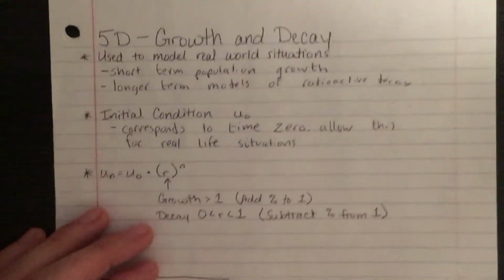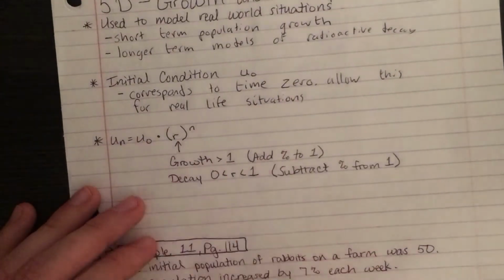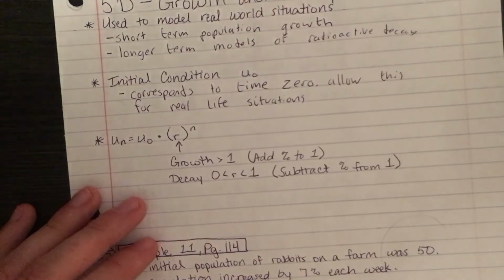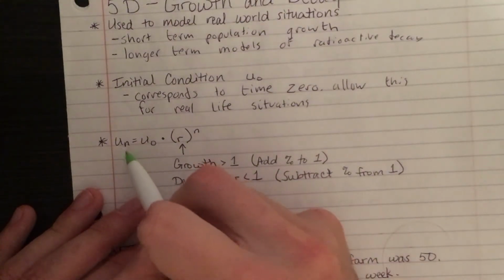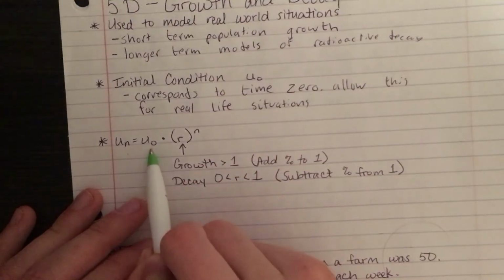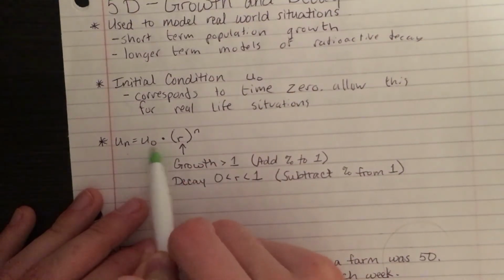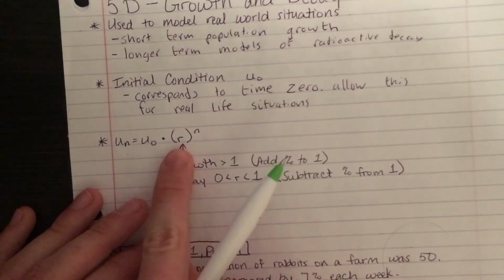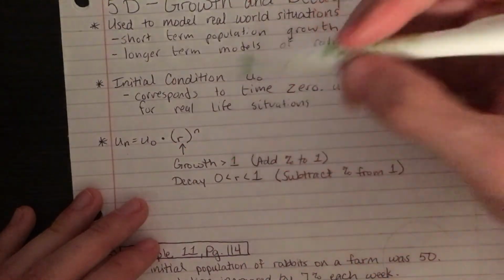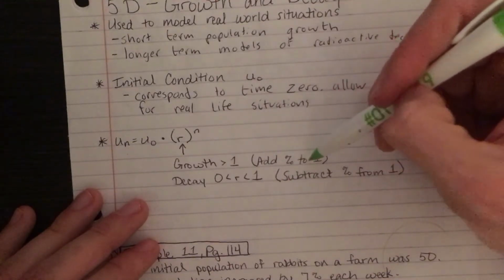With our formula for growth here, we've talked about this a little bit in other lessons, specifically with the variation. So the nth term is U sub 0, the quantity at 0, times R. Now with R, if it's growth, you add the percentage to 1.